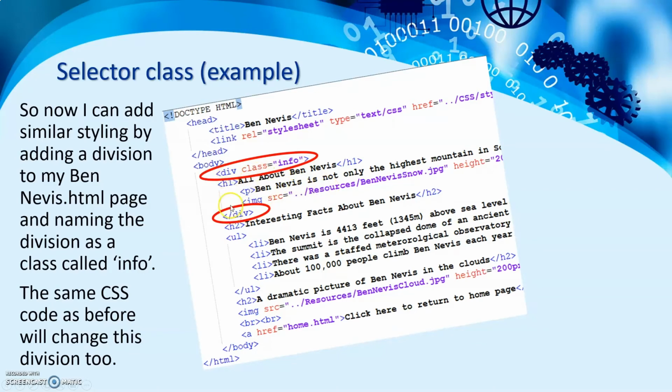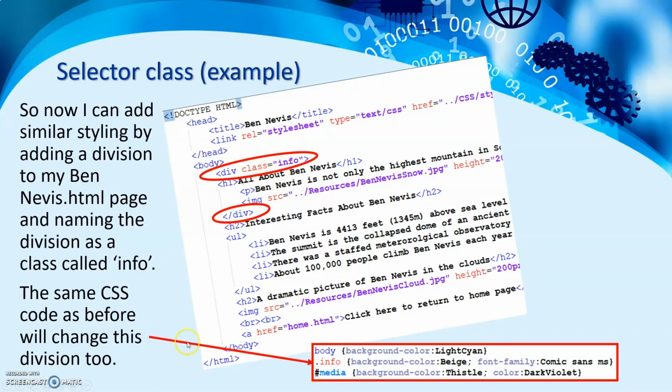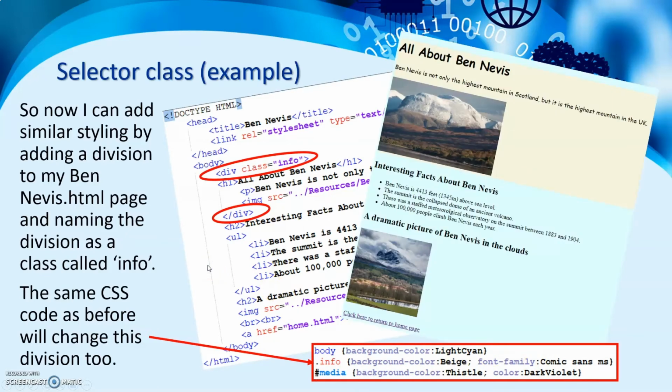I've decided to make that a division. On my second page, I've given it the same, it's a class selector, I've given it the same name of info. And that means I don't need to add anything to my CSS file because I've already got class info, background color beige, font family Comic Sans MS. So when I actually apply that, save that information in here, it will change this division on my other page.